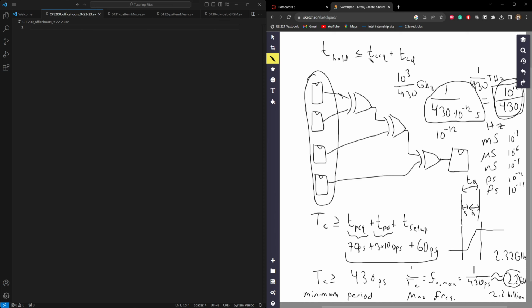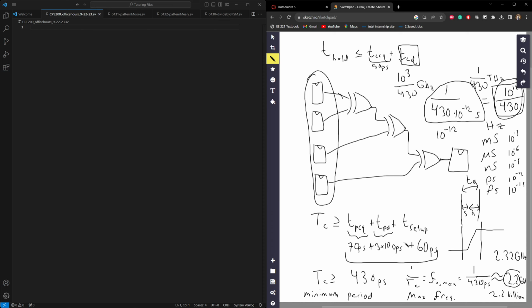So this TCCQ and this TCD are replaced with different values. TCCQ is just given to you, like in a data sheet or, in this example, in the prompt. The contamination clock to Q value is, I believe, 50 picoseconds in the problem. And TCD, we just said, is one gate delay.